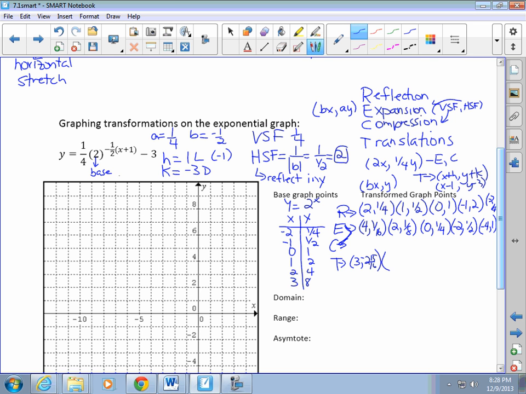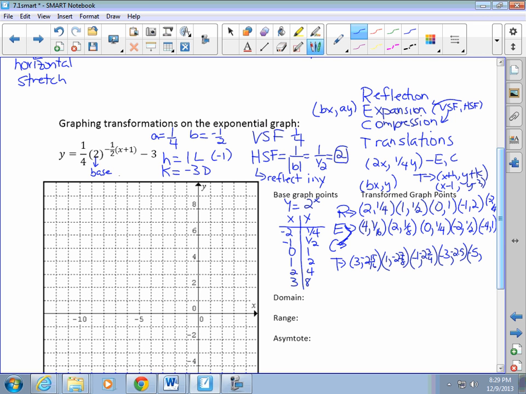The 2 then. 2 minus 1 is 1. 1/8 minus 3 is -2 and 7/8. 0 minus 1 is -1. 1/4 minus 3 is -2 and 3/4. -2 minus 1 is a -3. 1/2 minus 3 is -2.5. -4 minus 1 is -5.